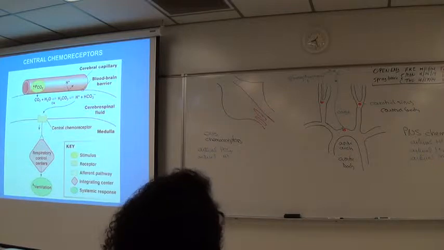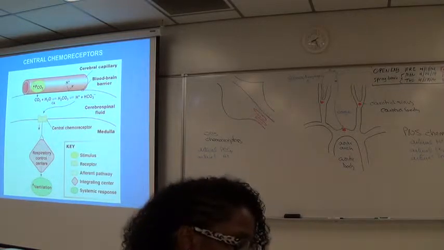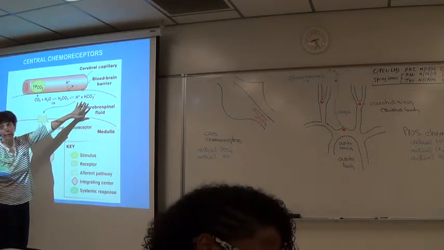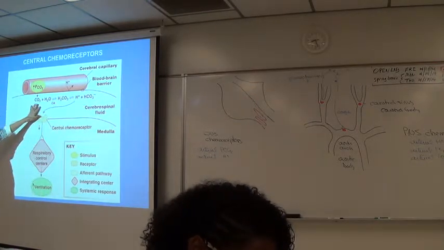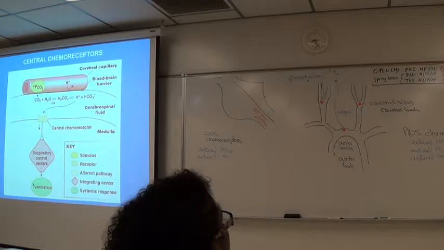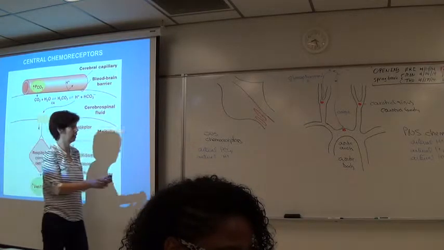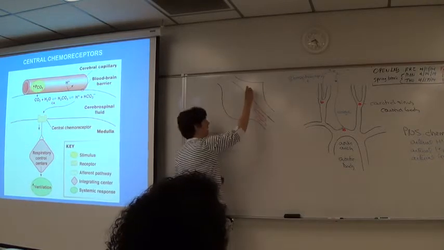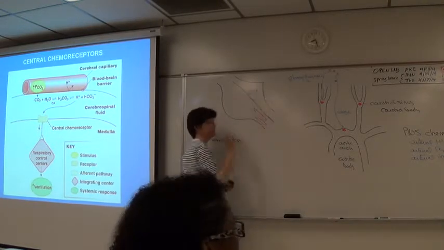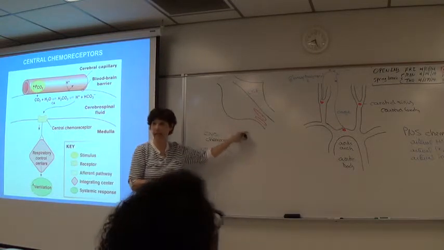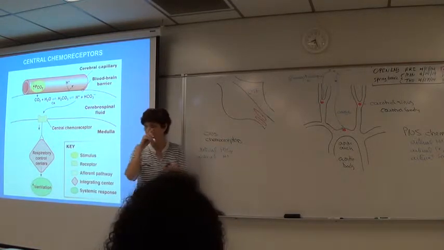As we look at this diagram up on the board, this is cerebral spinal fluid. So where would we have cerebral spinal fluid? In the cerebral spine, we're going to have it in the fourth ventricle, and we're also going to have it in the subarachnoid space.